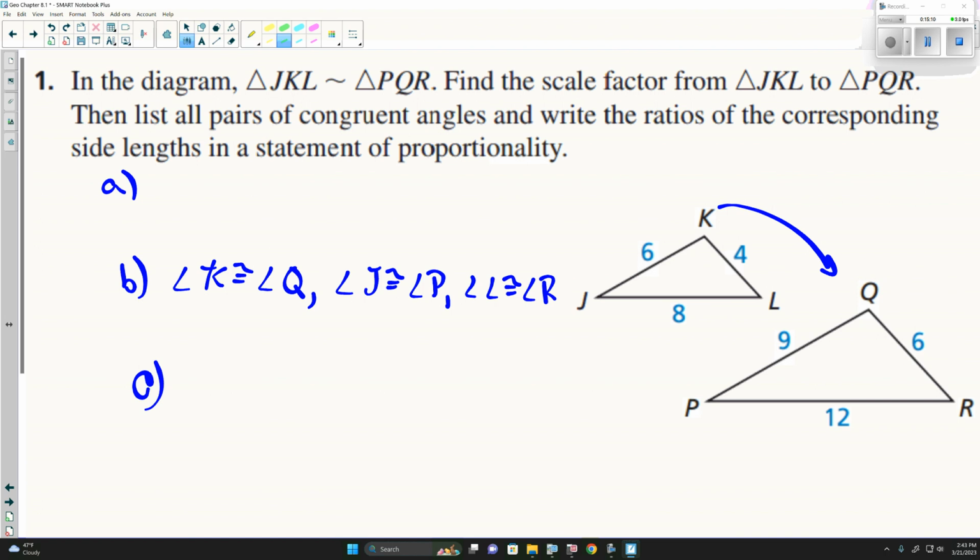So JK would be matching up to which side? PQ. We also know that KL will match up to which side? QR. And lastly, JL, PR.